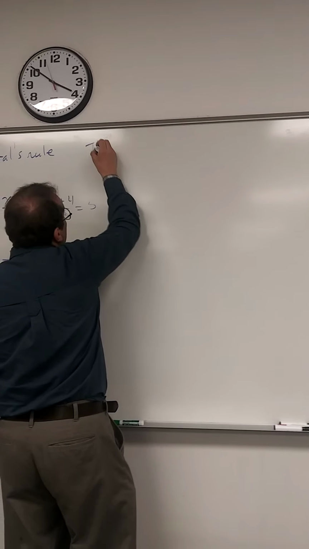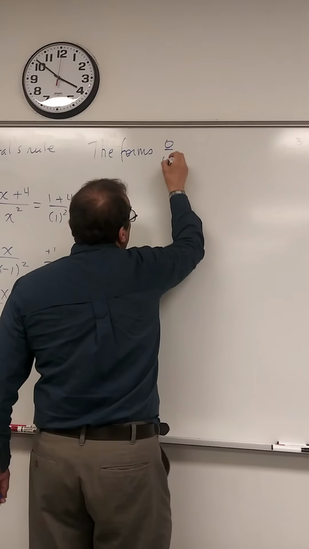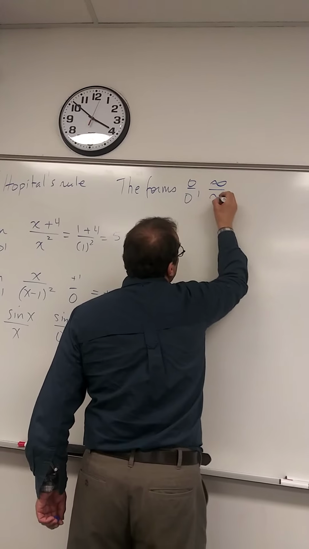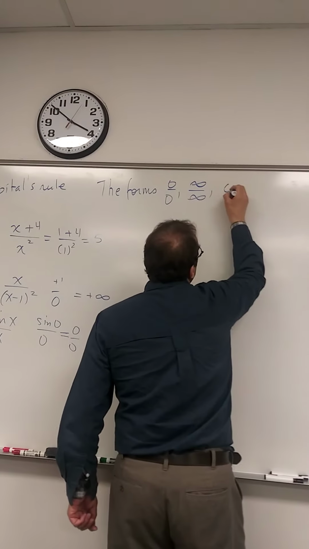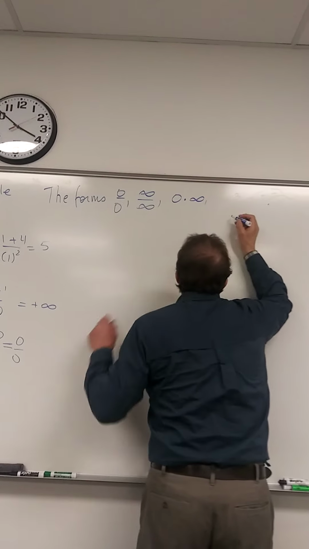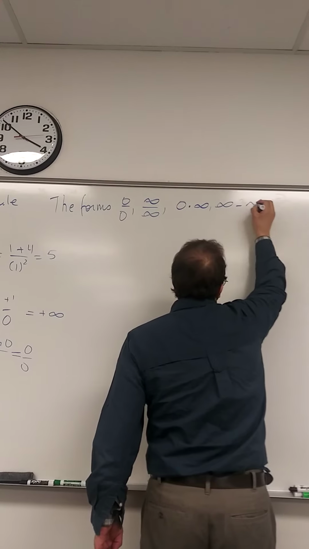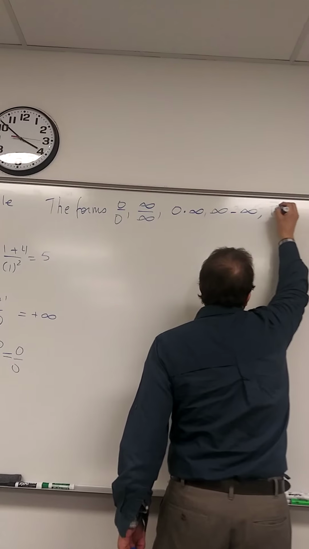The forms are: 0 over 0, infinity over infinity, 0 times infinity, infinity minus infinity, and 1 to the power infinity.